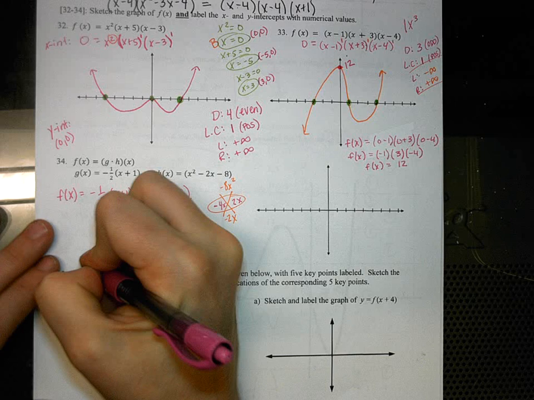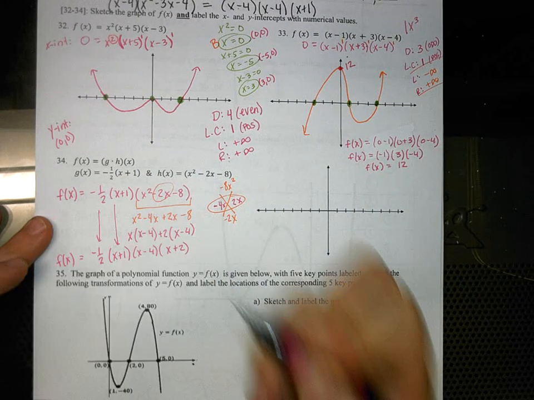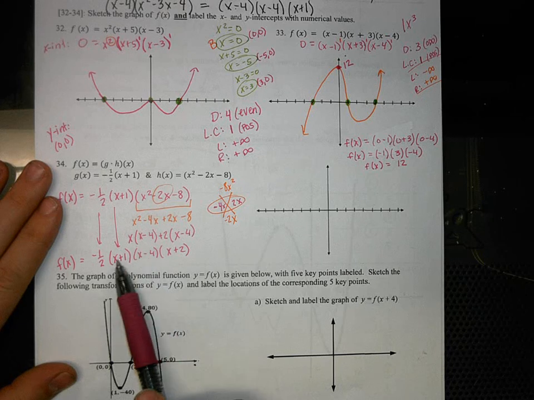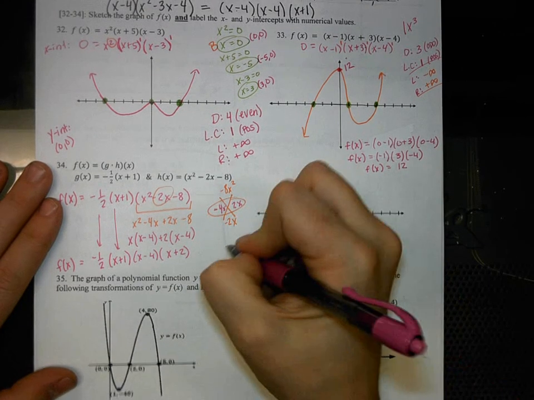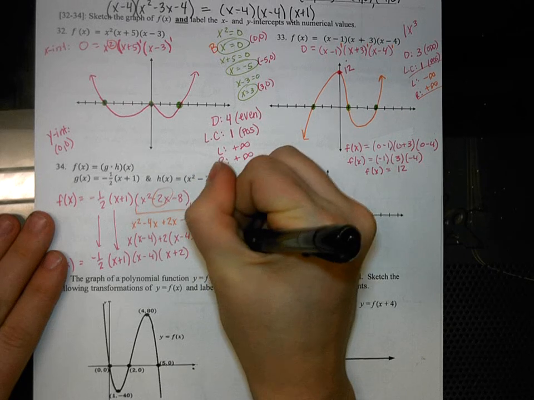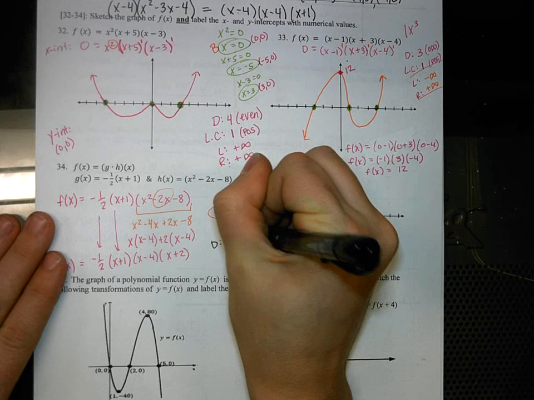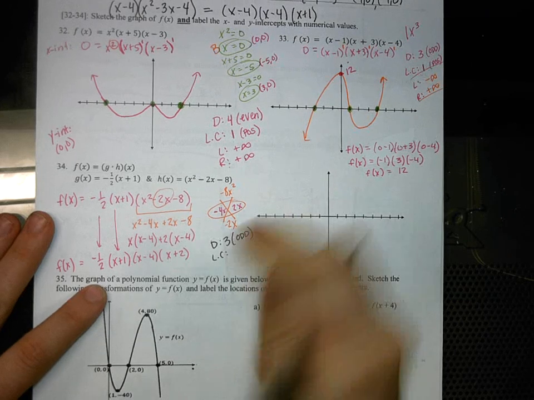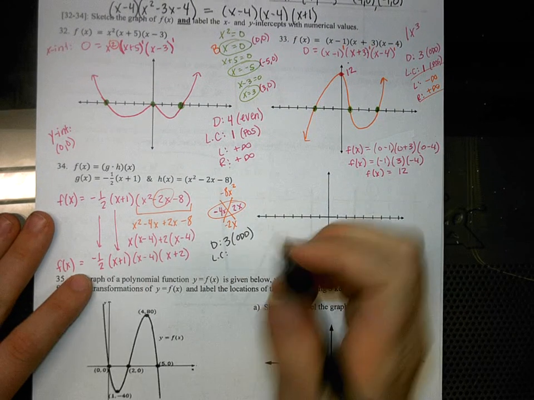So I have 4 factors, but only 3 of them have x values in them. So x times x times x is a degree of 3, which means my end behavior is going to go in opposite directions. My leading coefficient, x times x times x times -1/2, is going to give me -1/2 x cubed.